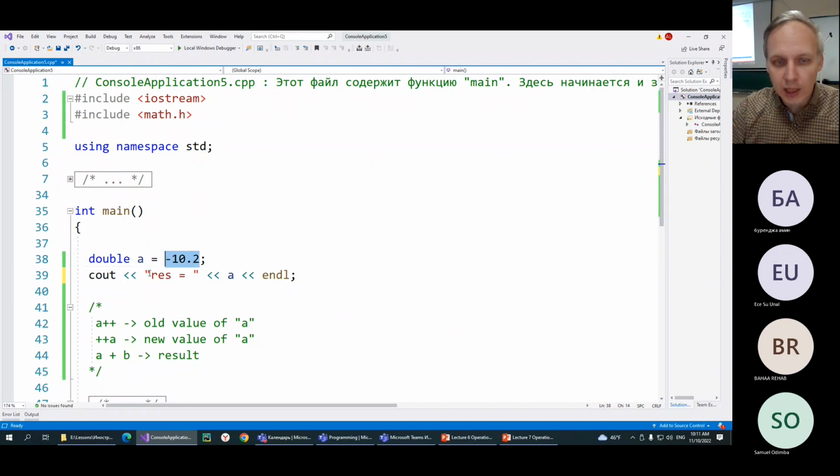For example, let a be 10 and consider sqrt a, the square root of a. What is the value of the square root of a?